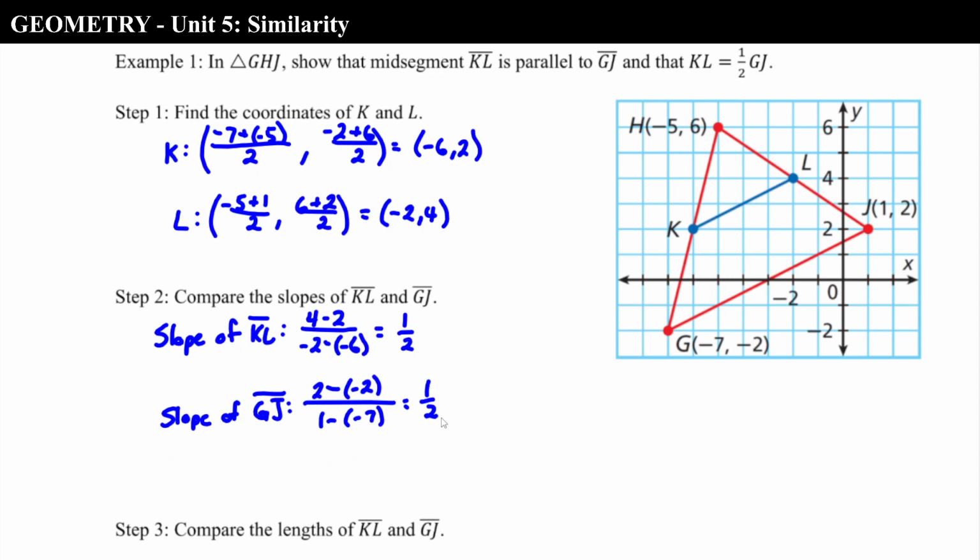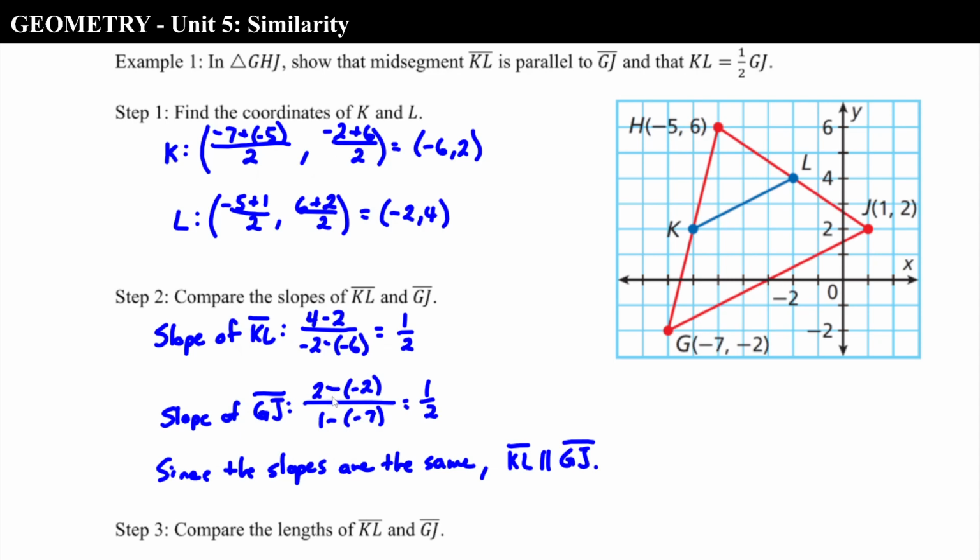So since the slopes are the same, then we can say that KL is parallel to GJ. So that was the first thing that we were set out to determine.